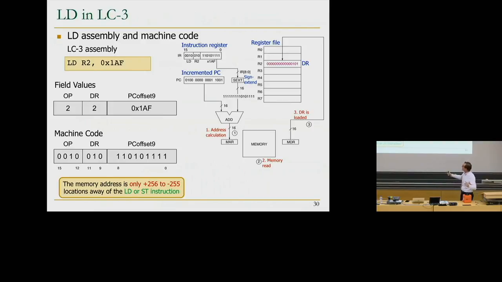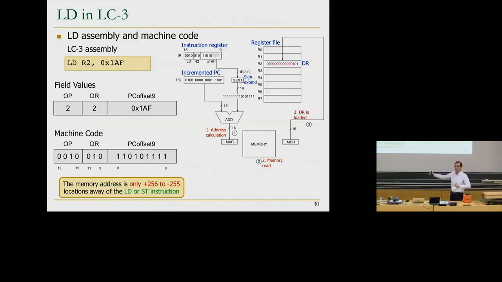So that's the range that you can address in this case. You can go only so far from this instruction. This instruction is at PC. You take PC plus 1, and you can go only 256 words higher and 256 words lower.